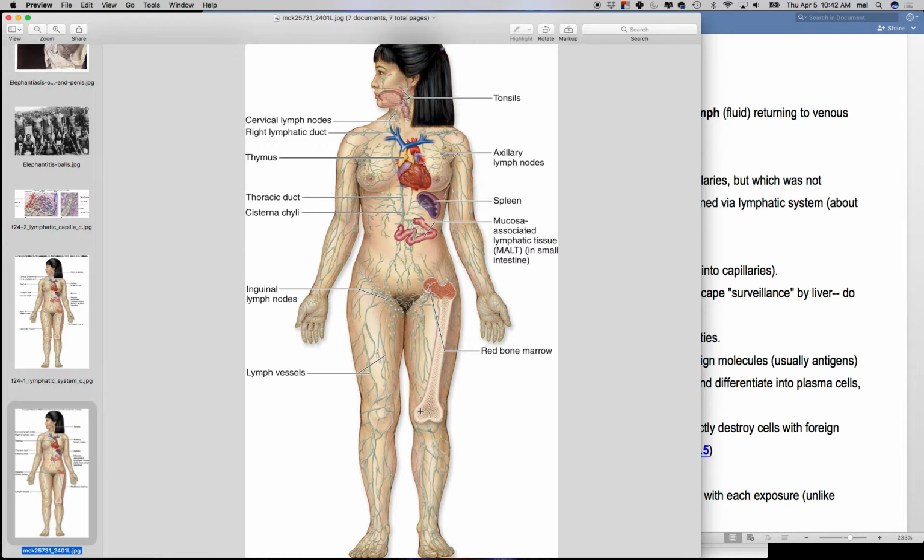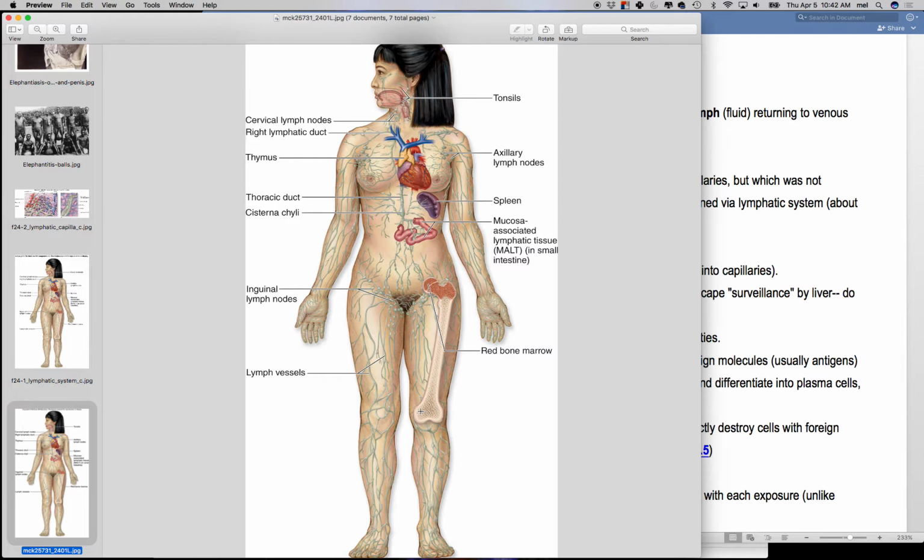Well, the eggs are transmitted via bites, right? But then the pathogen likes to get into the lymphatic system and go through its life stages. So it goes from egg to larva, and the larva likes to inhabit your lymphatic system. And as the larva starts to grow, it blocks your lymphatic system. And then what happens? You get swelling.